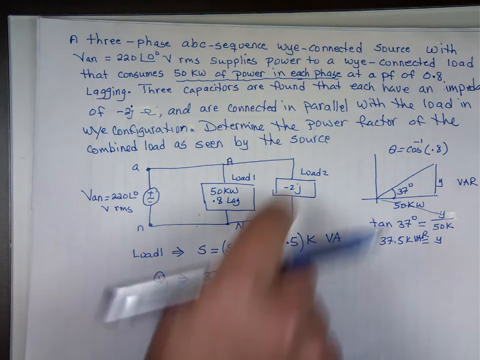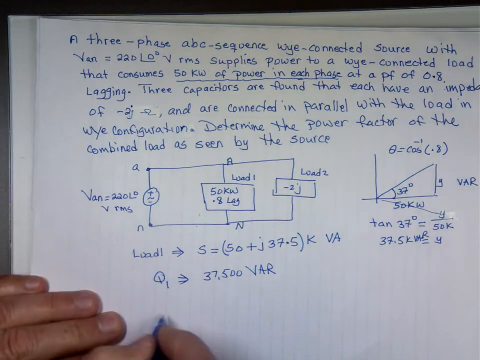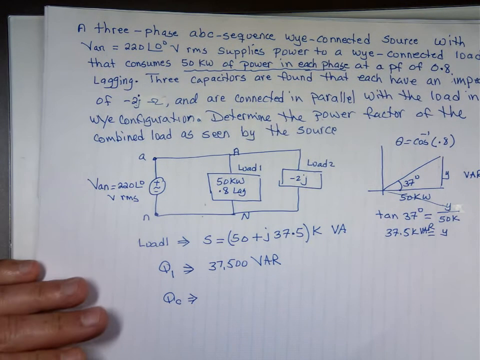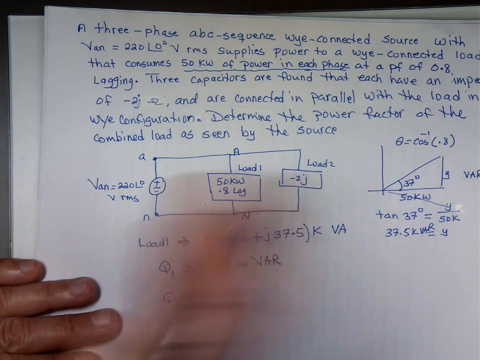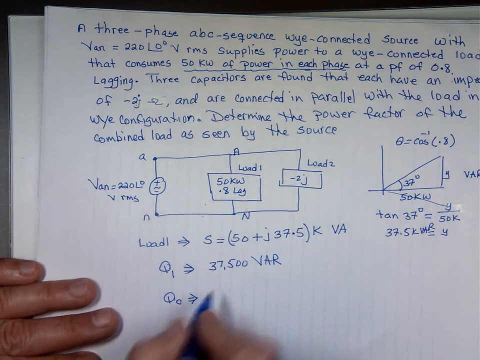So let's see what Q for the capacitor, or Q2, is equal to. We know the voltage across the capacitor. It has to be a negative value. Notice that's a negative 2J. So it's negative.